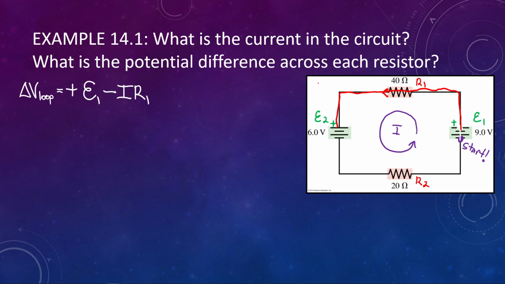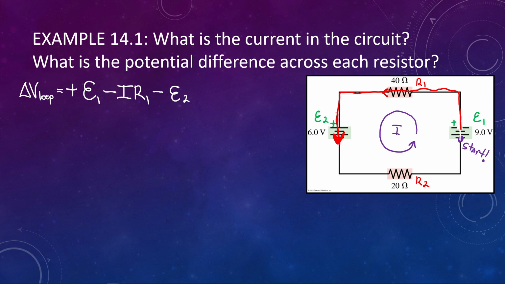Again, keep in mind, the bigger battery wins the fight, so we're actually forced to see current go downwards, backwards through the battery. What this means is we have minus epsilon 2, a decrease in potential across that battery because the charges are forced in the backwards direction through it.